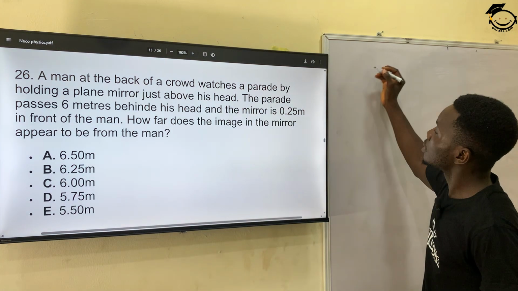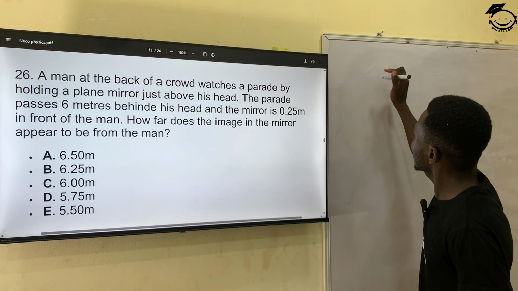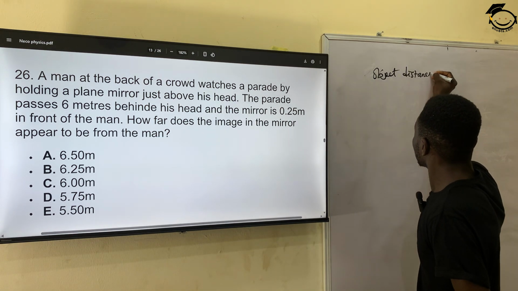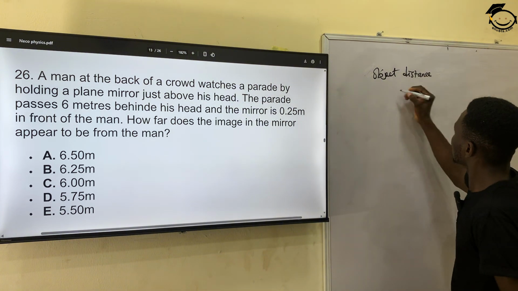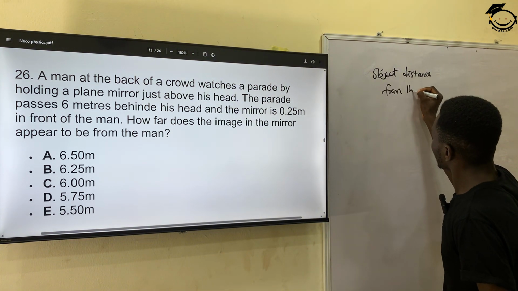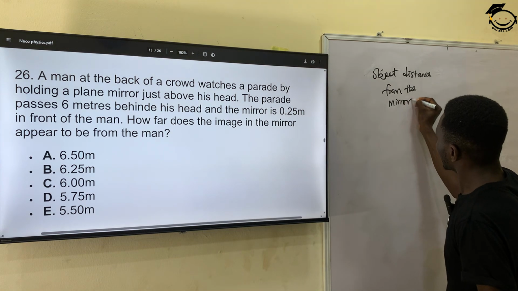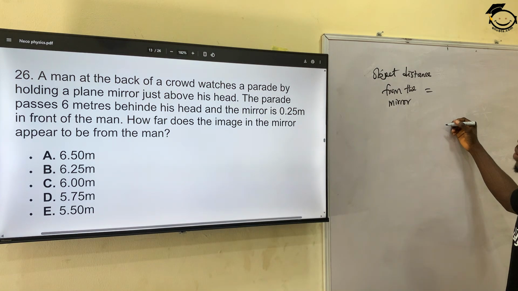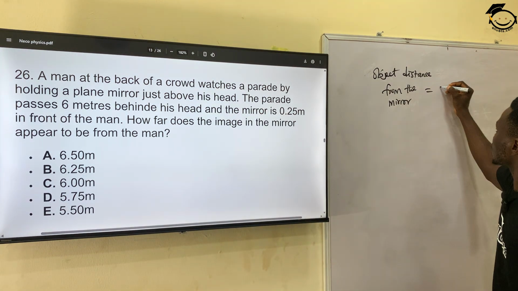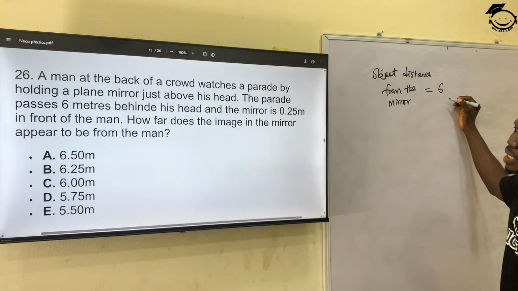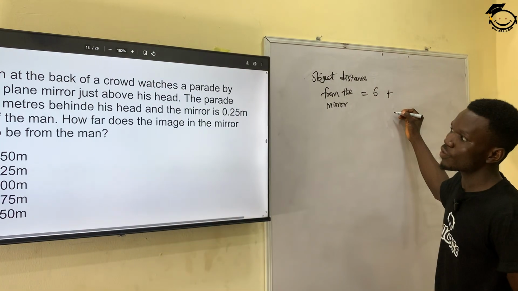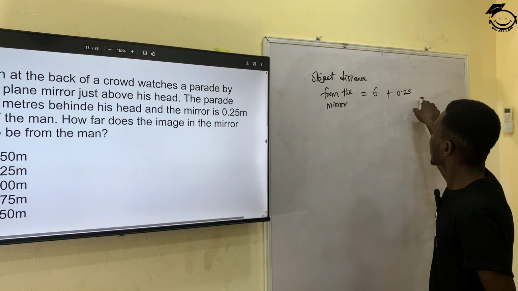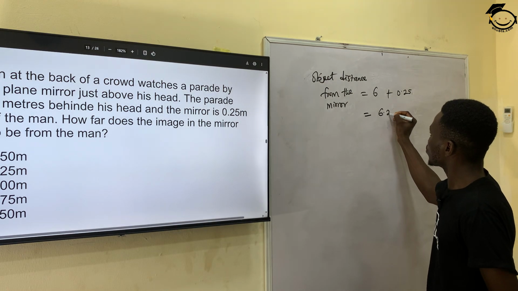So the object distance from the mirror is going to be the distance of the man from the parade ground, which is 6 meters, plus the distance of the mirror from the man, which is 0.25 meters. So that would mean that my object distance is 6.25 meters.